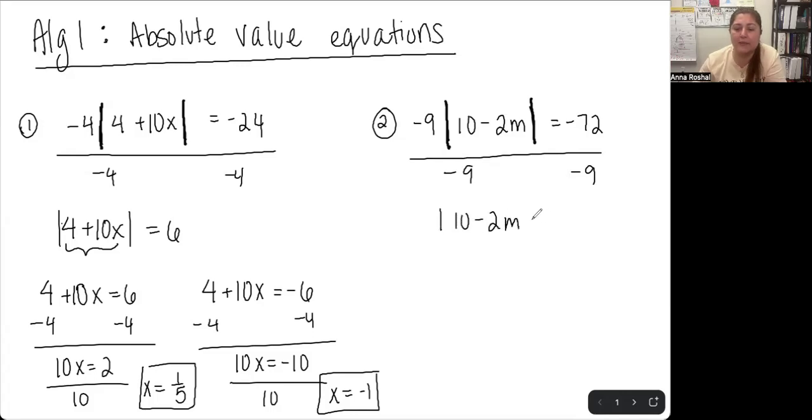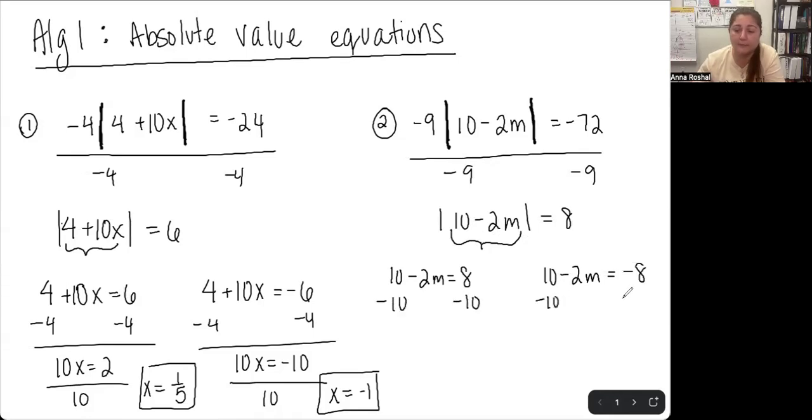10 minus 2m in the absolute value is 8. And then I know I can take this 10 minus 2m and set it equal to both positive and -8. So 10 minus 2m is positive 8, and 10 minus 2m is -8. And then I can subtract 10.